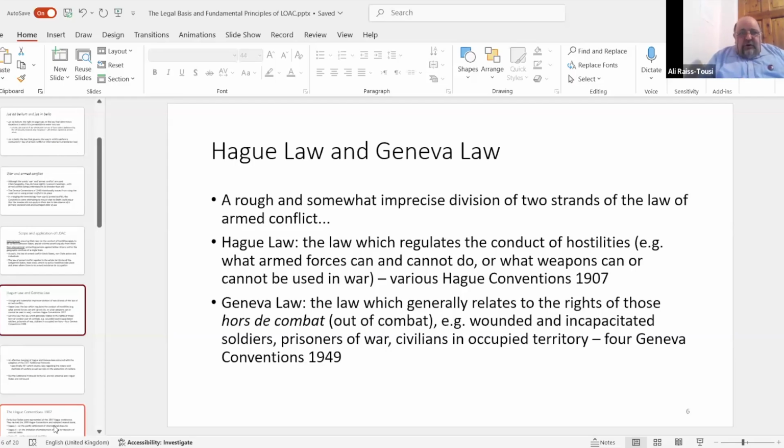So Hague law, in a kind of imprecise division of the two strands, deals with the rules around how you conduct your warfare.